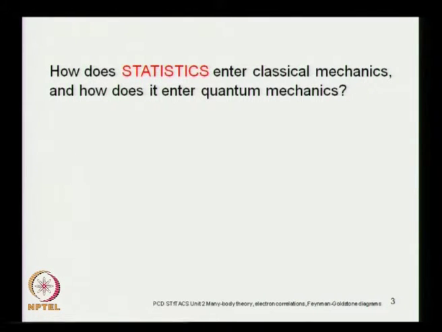And let me quickly remind you that statistics enters classical mechanics and quantum mechanics in different ways. Okay, in classical mechanics it enters just because you are dealing with a large number of particles and there is too much information, not all the details are interesting. So you do some averaging.